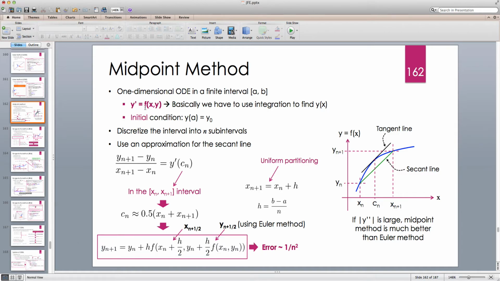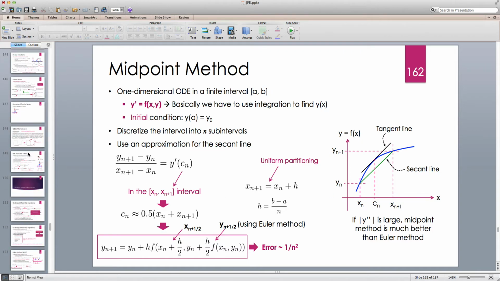So if the function doesn't depend on y, we remove this part. Yn plus 1 is yn plus h times f of xn plus h over 2. So it's the value of the function at midpoint, and the area underneath is being approximated by a rectangle, right? The value of the function at the midpoint times the length of the interval h.